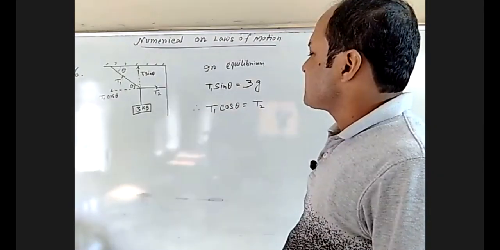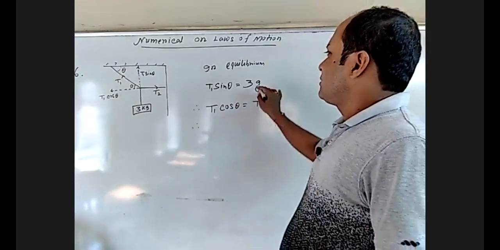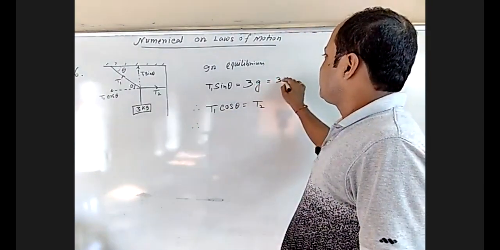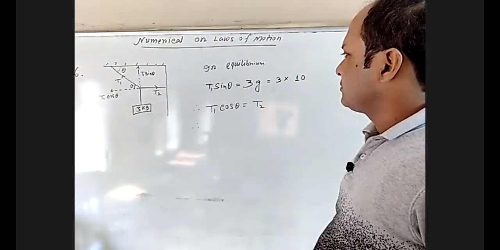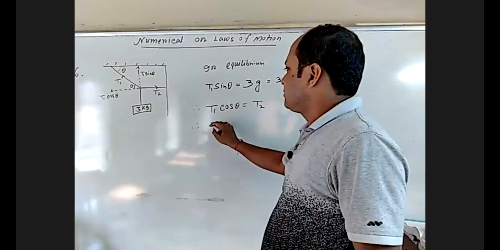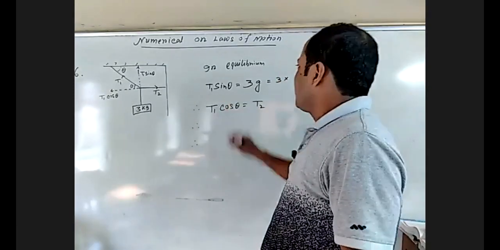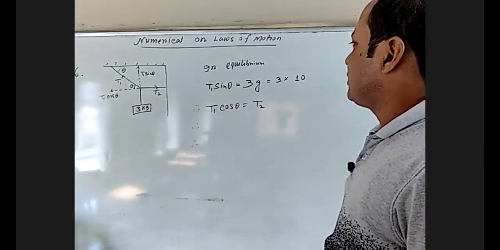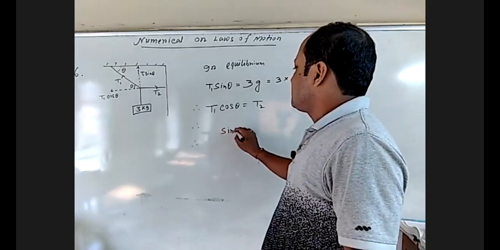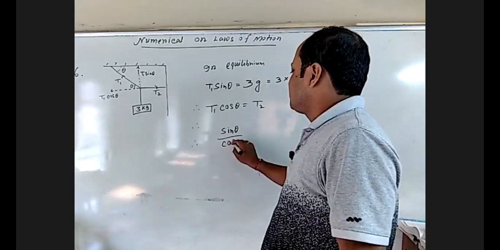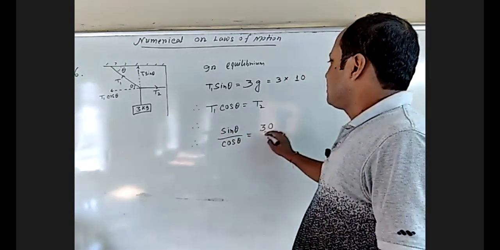Right. Now what about 3g? 3 into 10. Therefore, sin theta by cos theta equals 30 by T2.